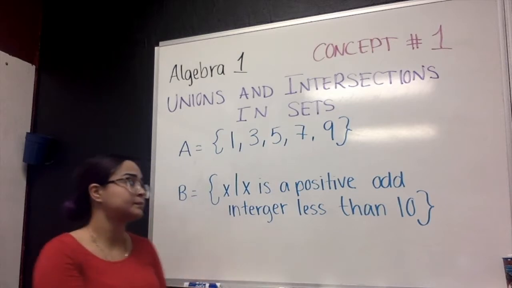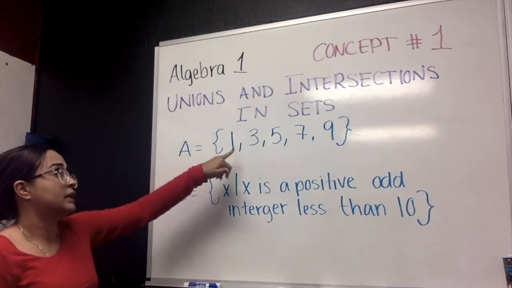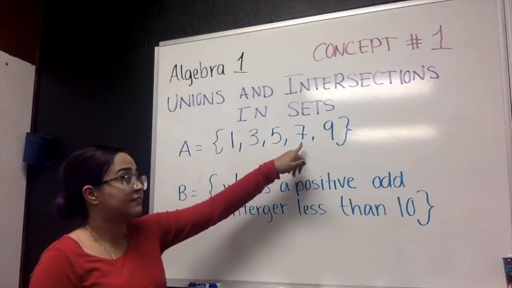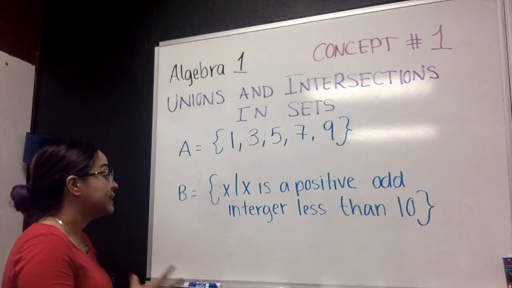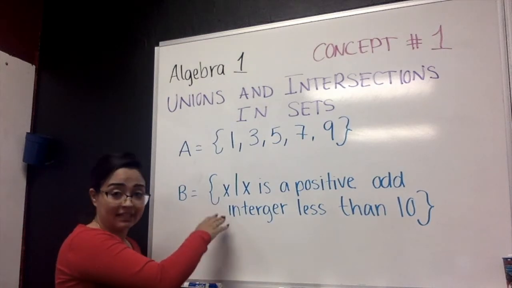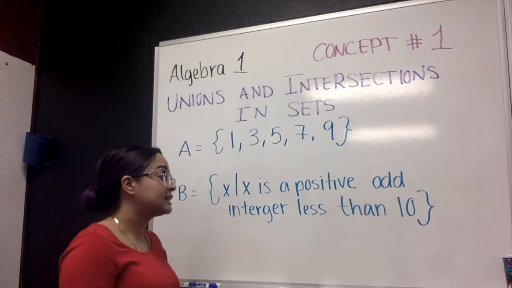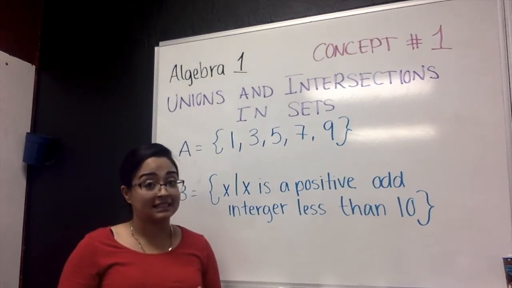In this example, for A, I have 1, 3, 5, 7, 9. Keep that in mind. For B, which is our second set, we have X, but X is a positive odd integer less than 10.